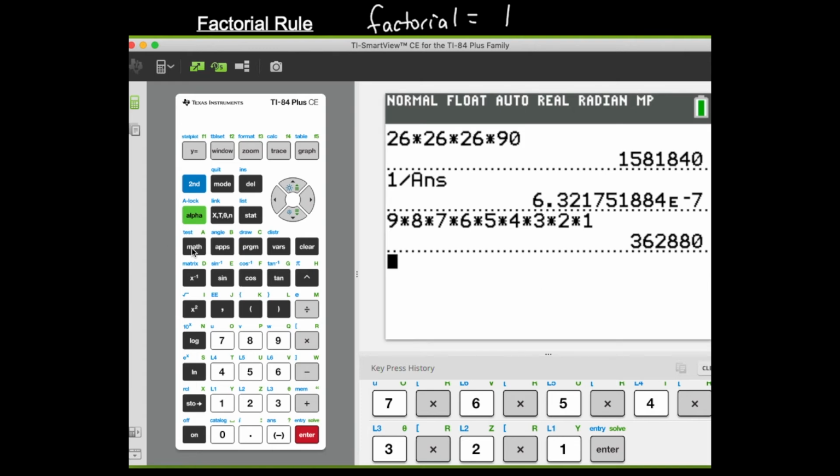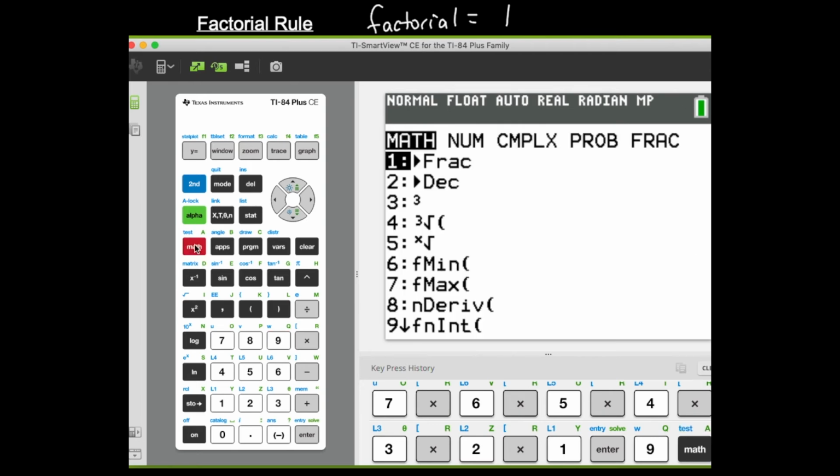If you have your graphing calculator, pull it out. Over here, you see my math button. I want to do 9 factorial, 9 exclamation point. In order to do that on my calculator without doing all this, I first press 9. Then I go into math, and this stuff pops up.